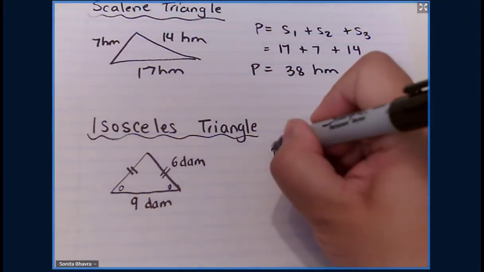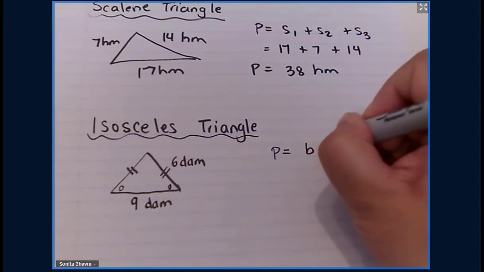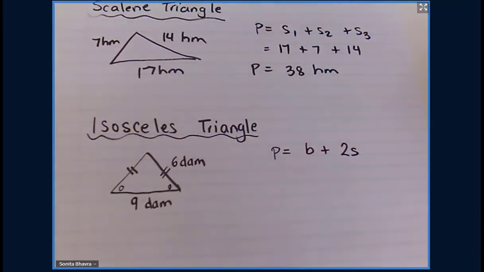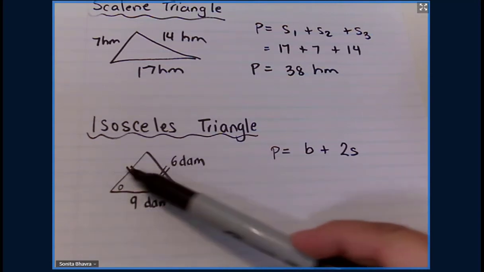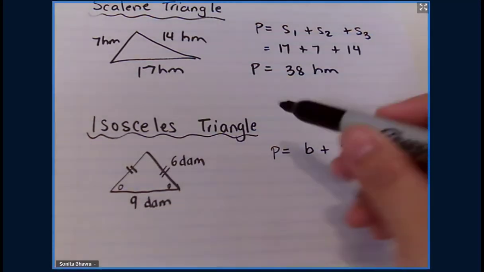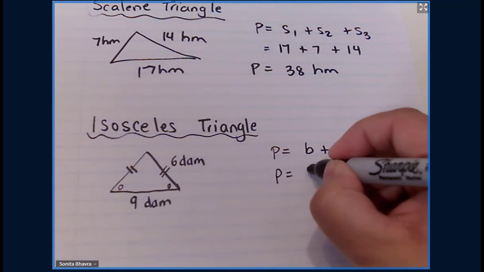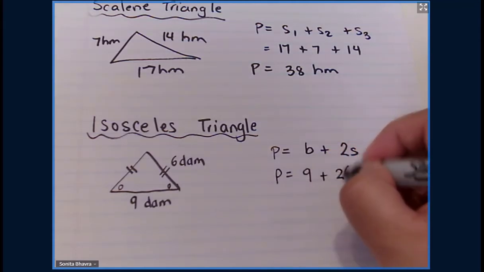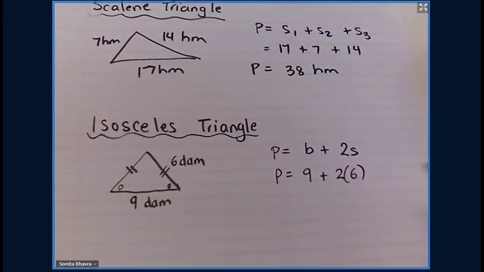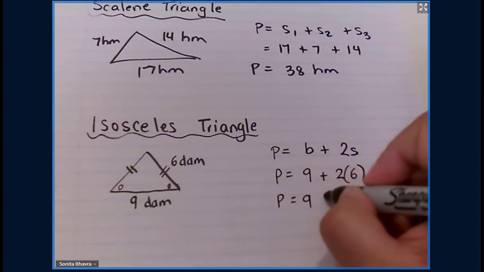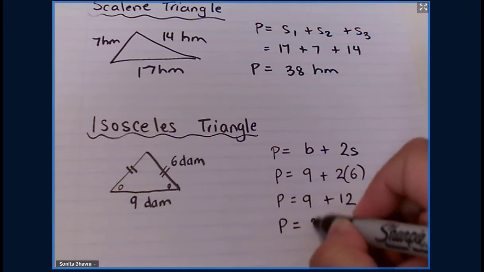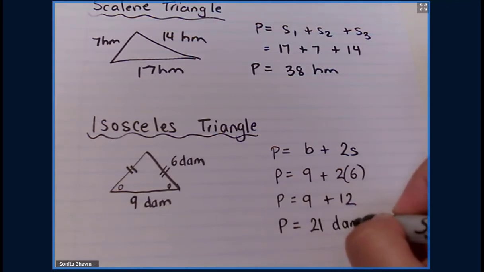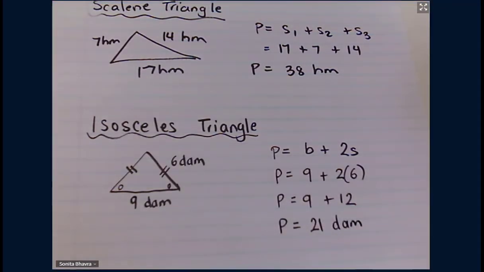So the formula is P equals the base plus 2S, which makes sense. There's a base and there's two sides that are the same. Okay, so plugging that into the formula, we get 9 plus 2 times 6, which is 9 plus 12, which is 21 decameters. All right, so that's the isosceles triangle.